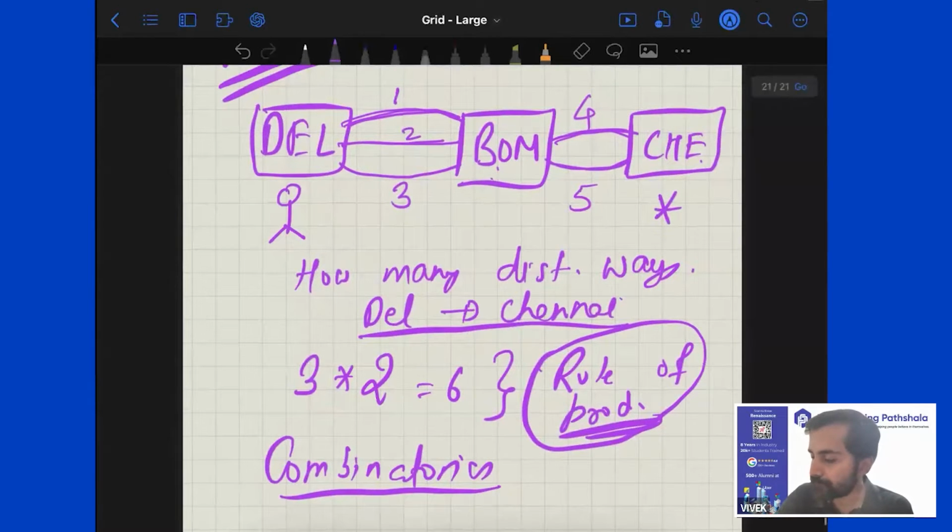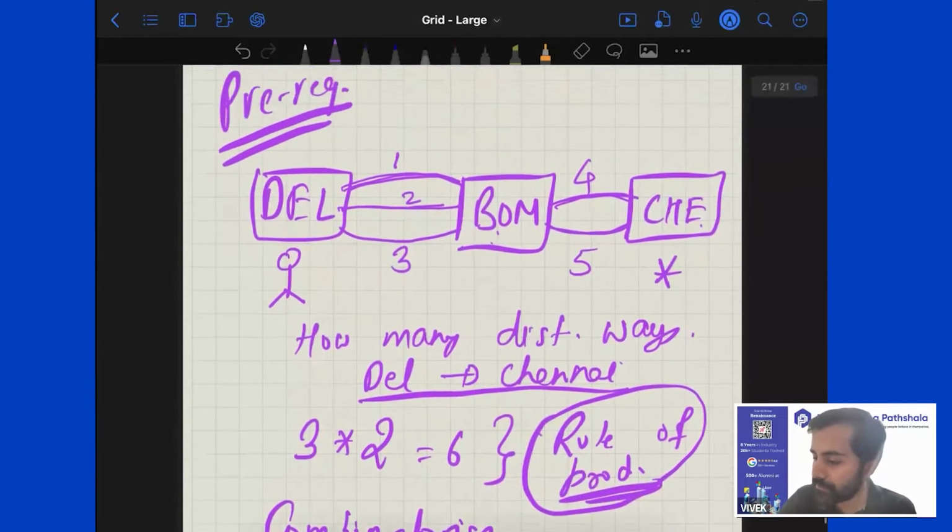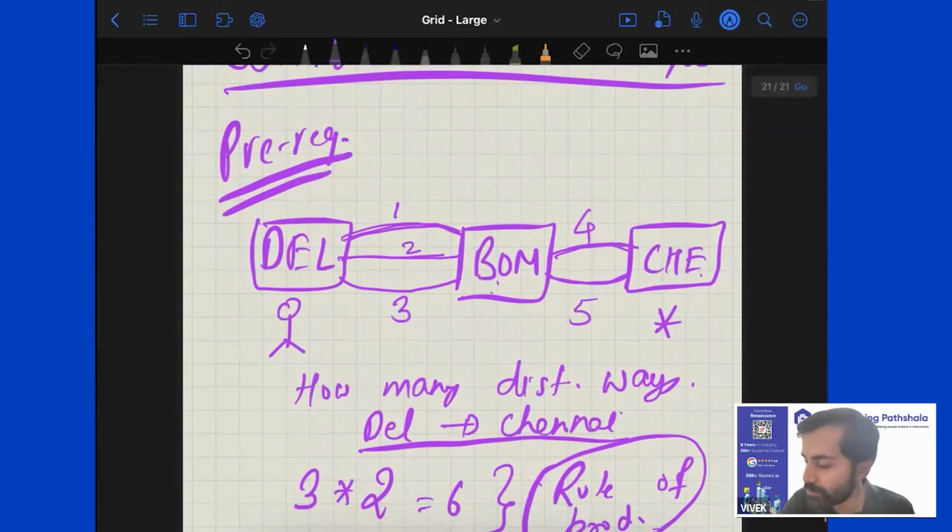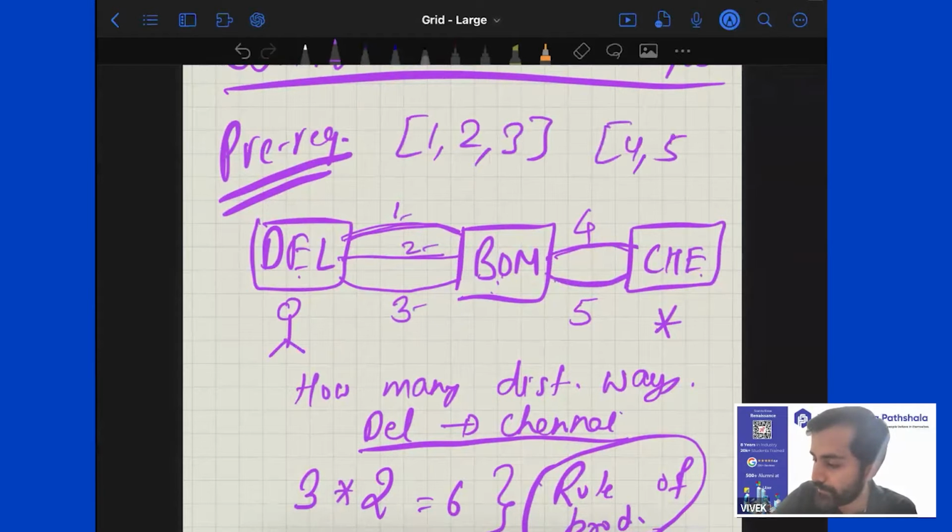See, I can say that there are three possibilities to go from Delhi to Bombay. I could either have taken road 1 or 2 or 3. And in order to go from Bombay to Chennai, I could either have taken 4 or 5.